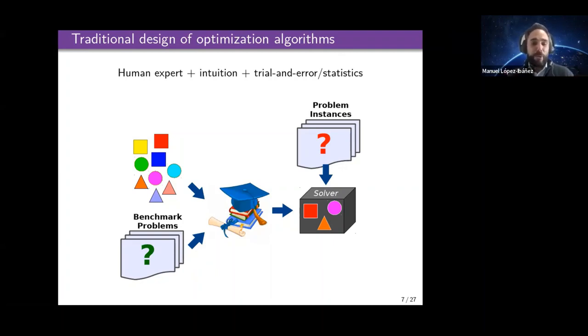During this process, some design choices are discarded, or the expert was simply not aware of them. Using trial and error and statistics, the expert decides on a solver, and this is the algorithm that will be used in practice. Hopefully, the problem instances that arise in practice are similar to the ones that the expert has used when designing the algorithm.